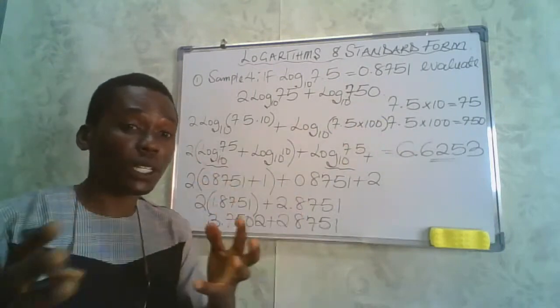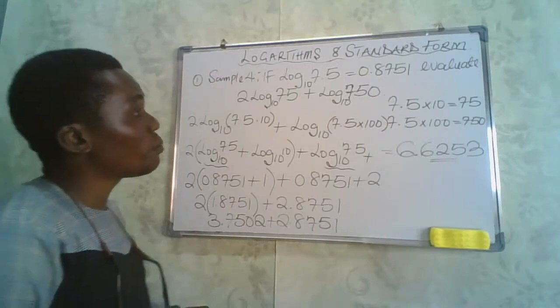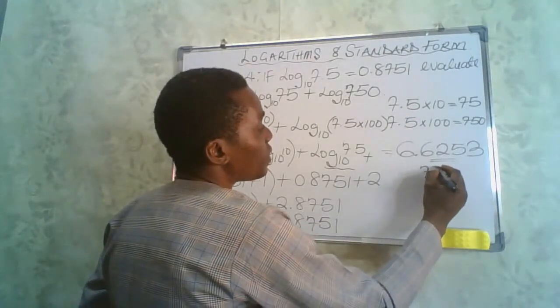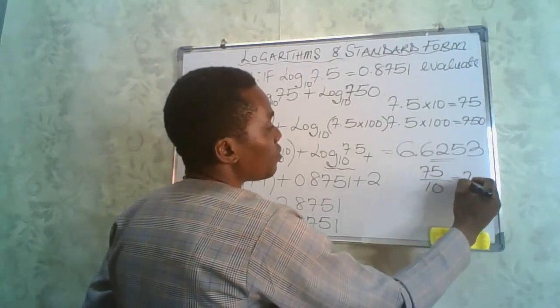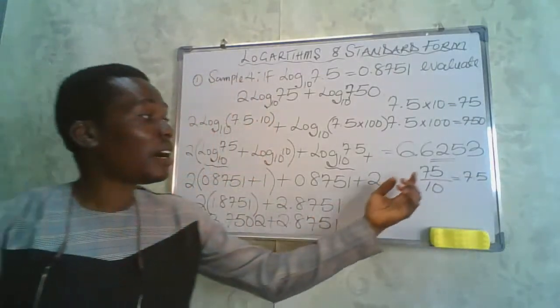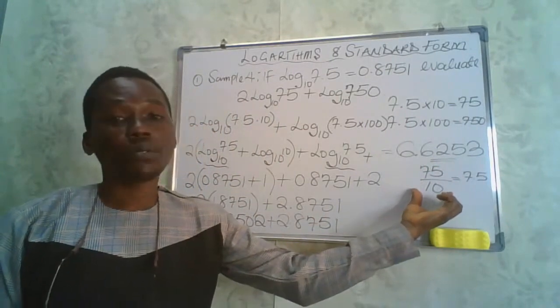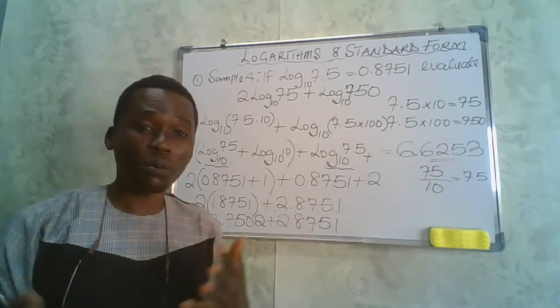There are other simpler methods you can use in simplifying this, because 7.5, I can still have my 75 divided by 10 to give me 7.5. So that means I can have a log of 75 minus log of 10.